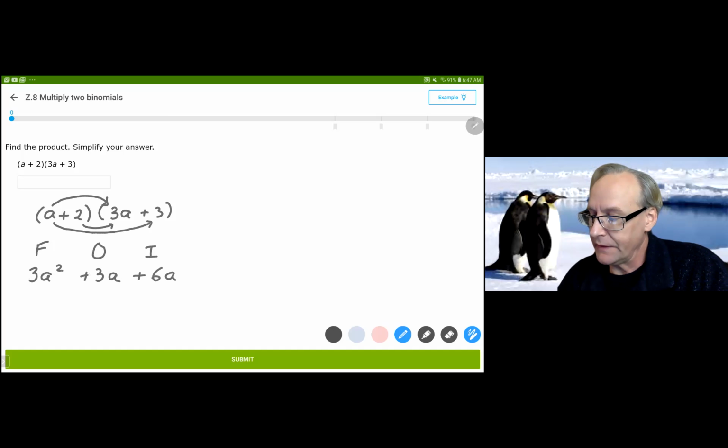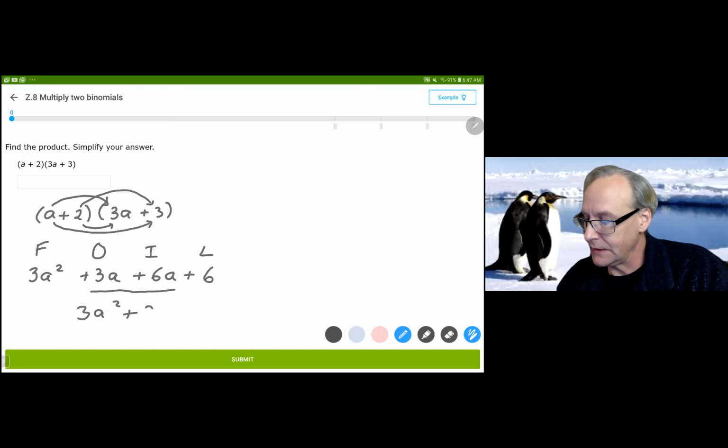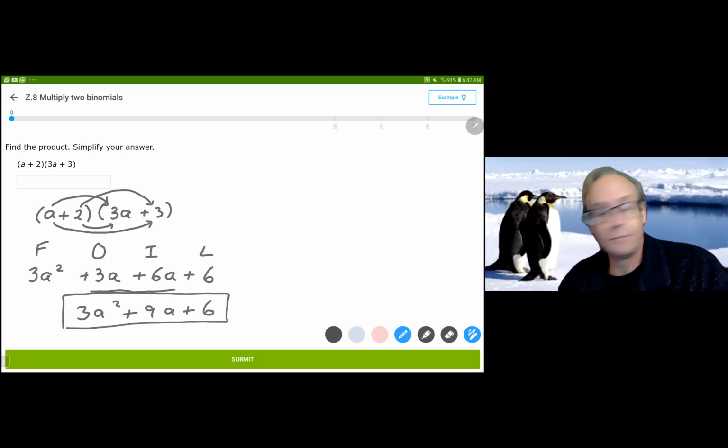And then we're going to multiply the last pair. That's 2 times 3, which is 6. And the only pair that have common terms are the middle pair, which gives us 3a squared plus 9a plus 6. And we're done. That's how you multiply using the FOIL acronym.